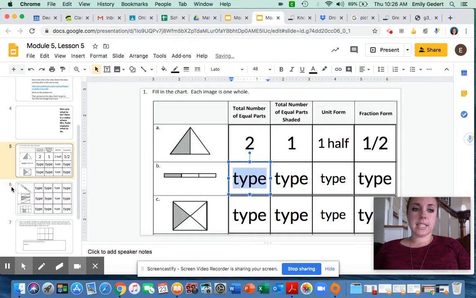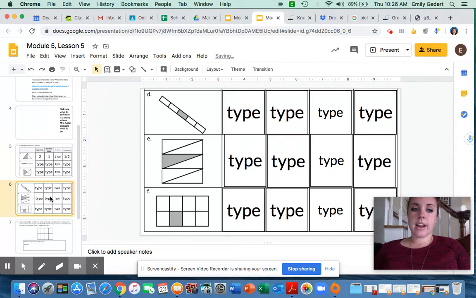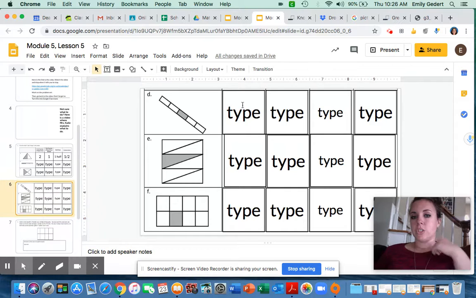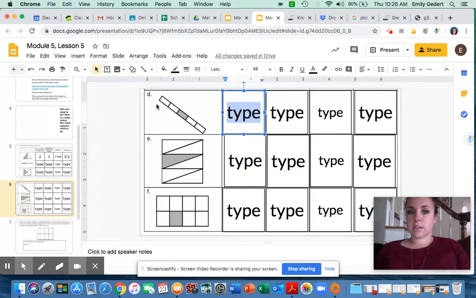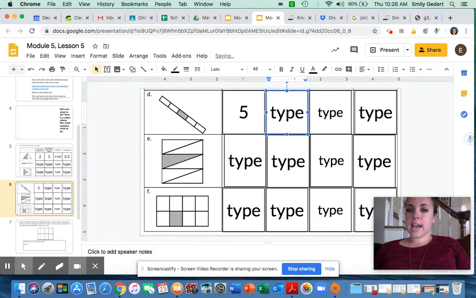You're going to do the same thing on slide 6. Although the headings for the columns are not there, it's the same as over there. So again, up here, this would be the total number of equal parts. So you make your cursor look like an I and click 3 times. So this picture has 5 equal parts. The second column is how many of those parts are shaded.